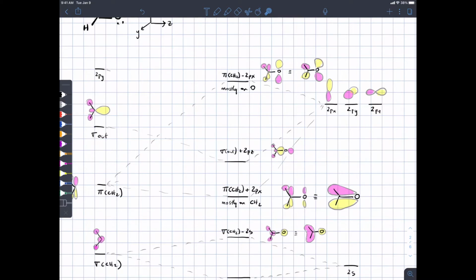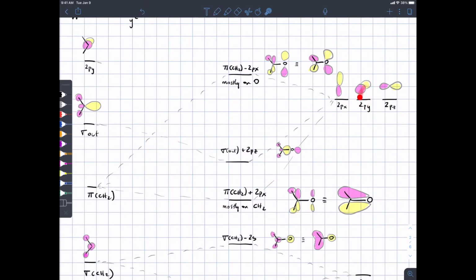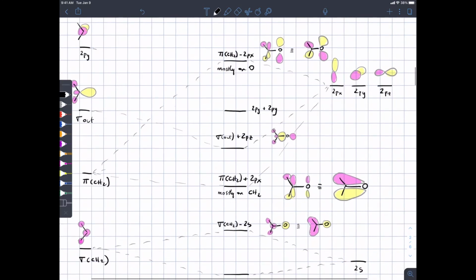Lastly, we need to consider overlap with the 2py orbital. Recall that that looks like this for bent CH2, and the orbital that would overlap side by side with that 2py orbital on CH2 is simply the 2py orbital on oxygen. So again, lower than where the 2py on oxygen is, we expect to have the 2py plus 2py combination.